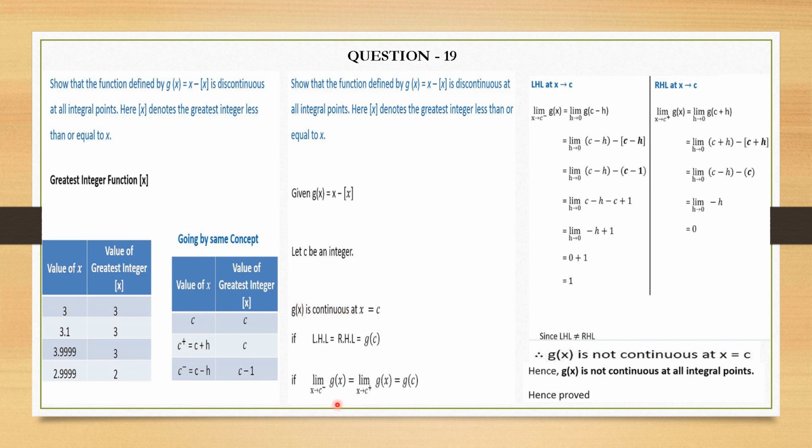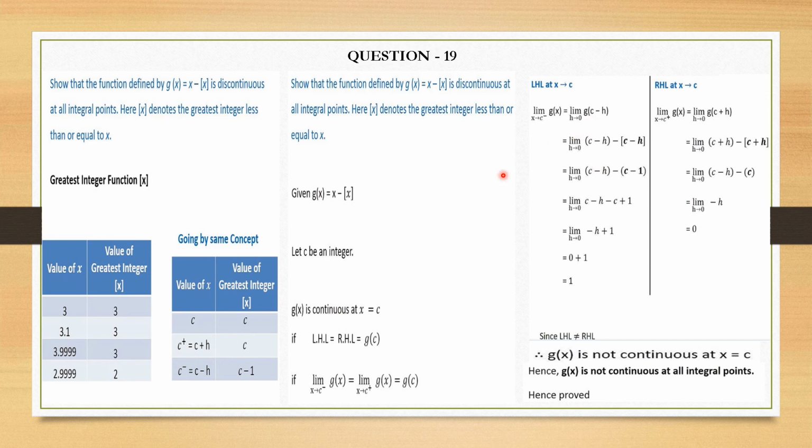Again I'll go for LHL, RHL and g(c). For the left hand limit, x approaches c from the negative side, so put x as c minus h. You can check h(x) minus f(x) separately, or altogether.